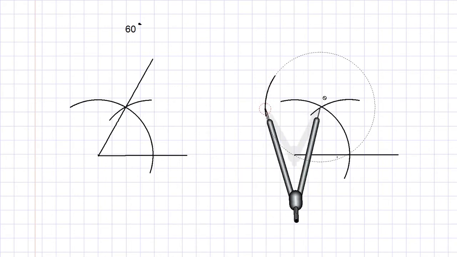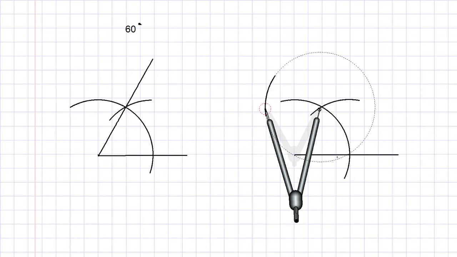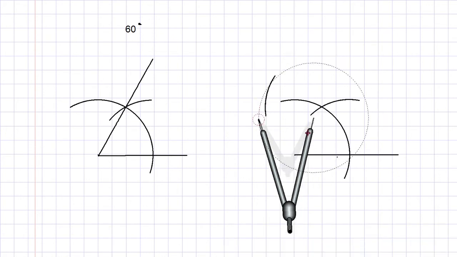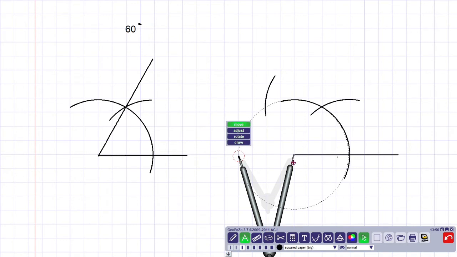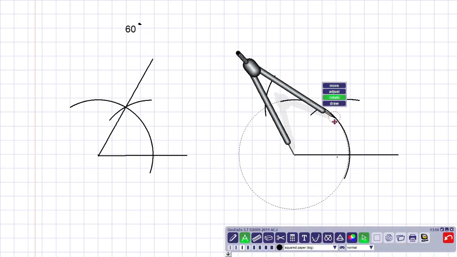I couldn't cross the previous arc because this length is not enough. So I will extend the arc again. Place here. Take that radius and draw.